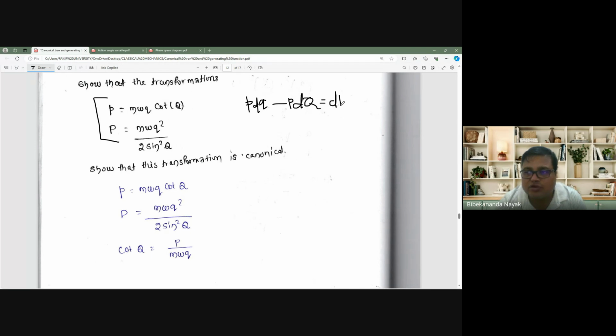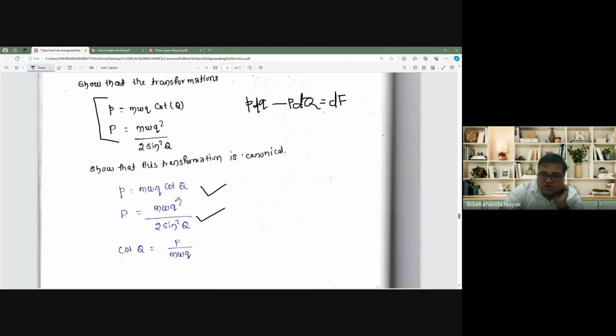Here only one coordinate is given, q, so q1, q2 or a sum is not needed. So if you prove this is a differentiation of some quantity, then it is a canonical transformation.